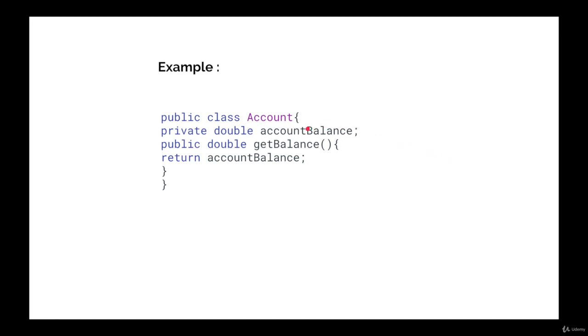Here in this example I see account balance is hidden from the outside world, and no one outside of this class account can access account balance, whereas account balance is only accessible from this particular method called get balance. And in get balance method you can write whatever rules you want to return the account balance. And this is nothing but the example of data hiding in Java.